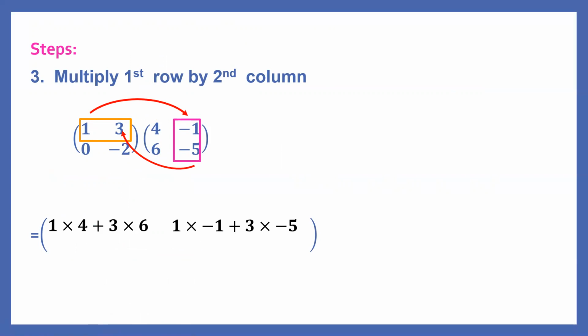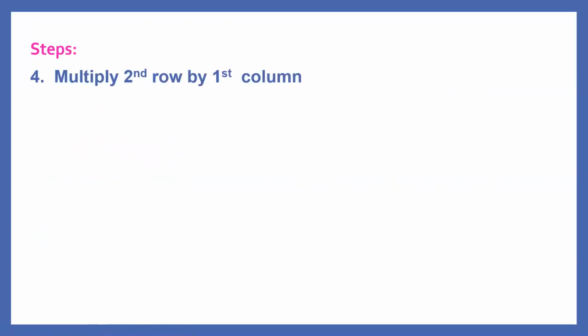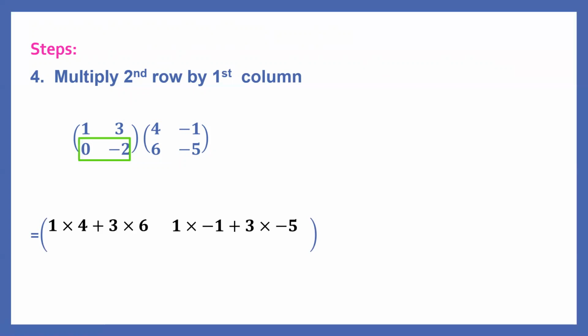Okay? We now move on to the second row. So I multiply the second row by the first column. Second row times first column. I will have 0 times 4 plus negative 2 times 6.